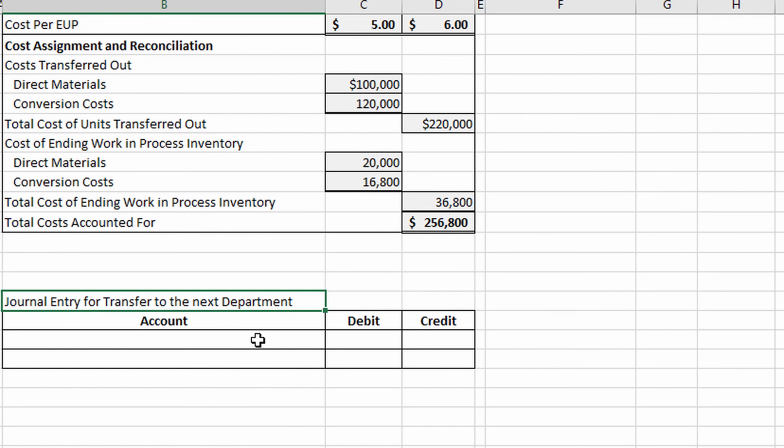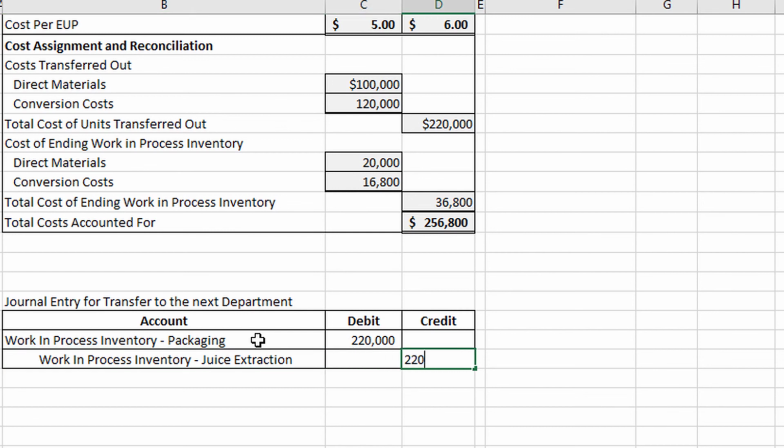You have to debit the work in process inventory account related to the new department, the packaging department, for that $220,000. And then we have to credit or decrease the inventory for the department you're transferring from, which in this case is work in process inventory, juice extraction. And that's also going to be for $220,000.